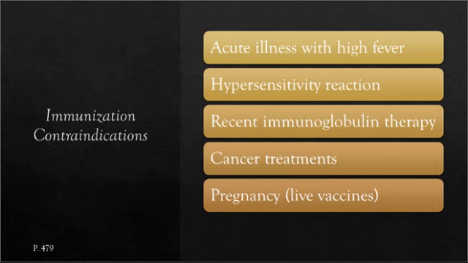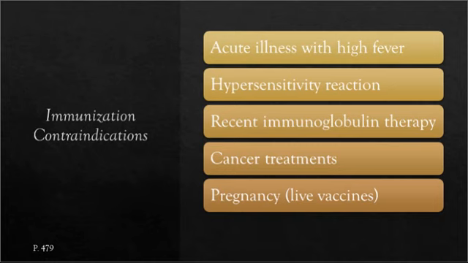Contraindications to giving an immunization include acute illness with high fever. 100 degrees is not a high fever. 101 is a high fever. Hypersensitivity reaction, if they've ever had an allergic response to an immunization or something in that immunization. Egg is in certain immunizations, but some now are coming without that. Recent immunoglobulin therapy: there are people that have a very suppressed immune system and have to get infusions of IgG.